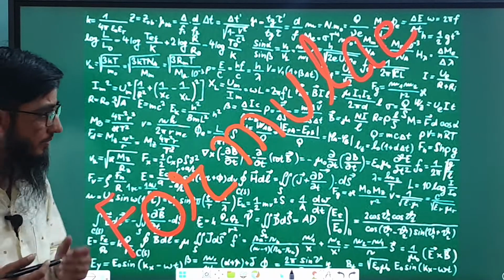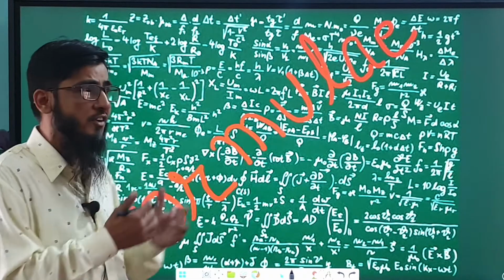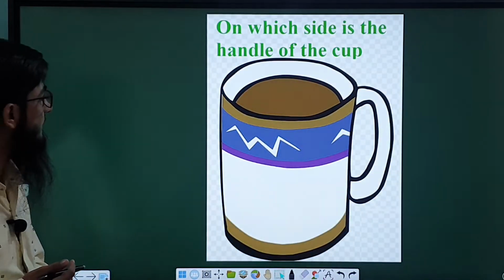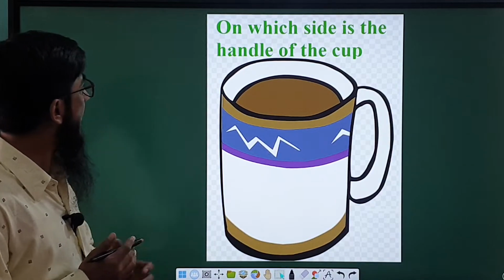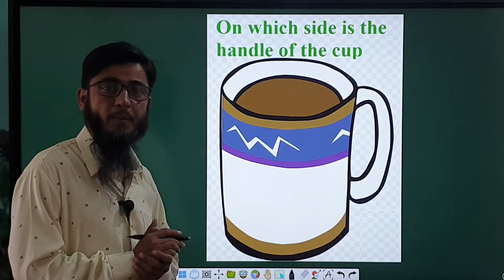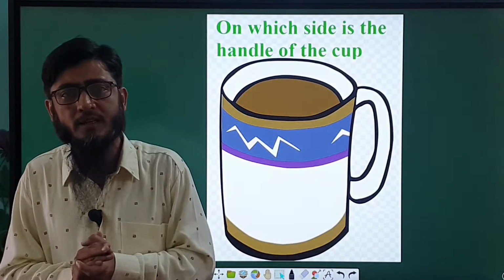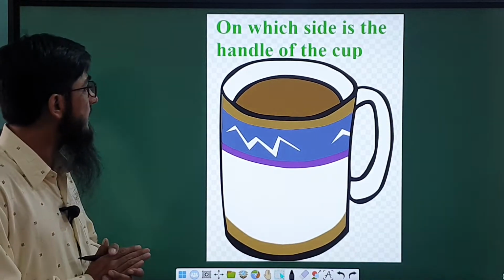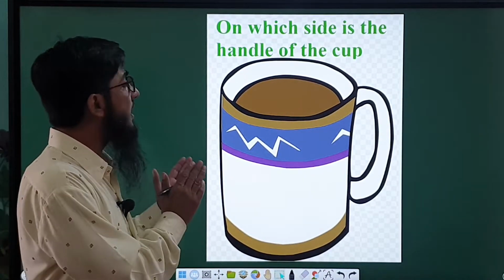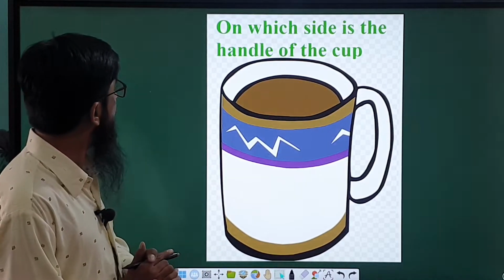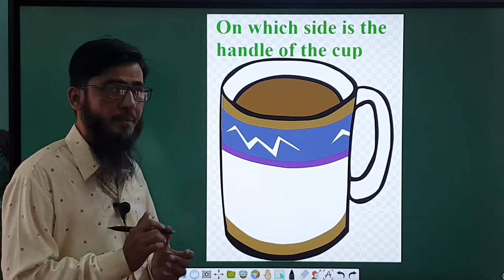Before moving on, let's try to see in general what out of the box thinking is. On which side is the handle of the cup? First of all, for any student, it's very important to concentrate on the problem statement. On which side is the handle of the cup?